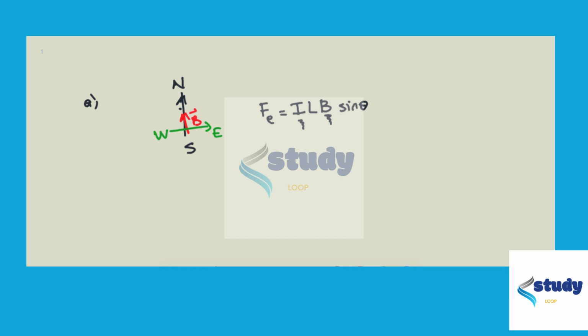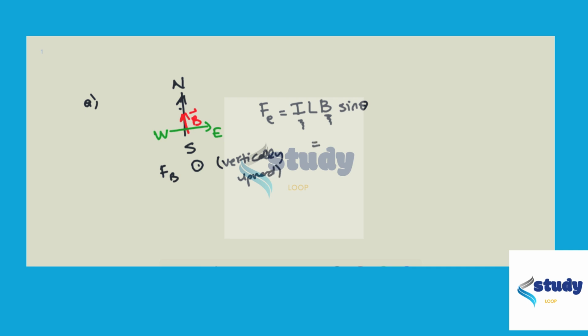Using the right-hand rule, we can determine the direction of the magnetic force exerted by the Earth. We can see that F_B is basically out of the screen, or you can say vertically upward.